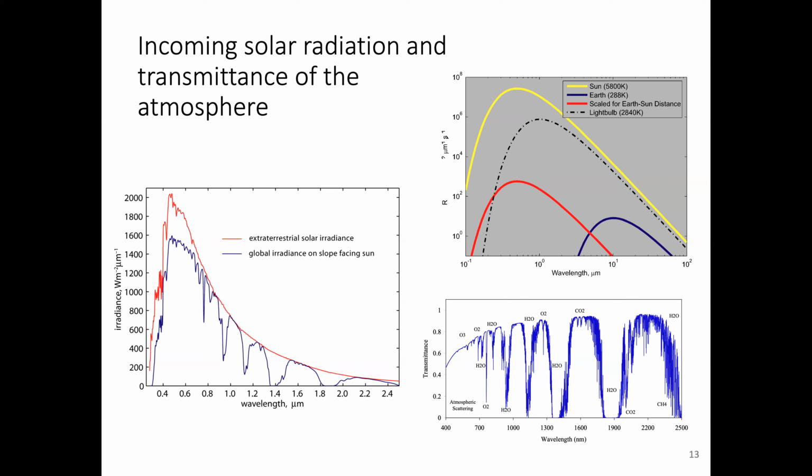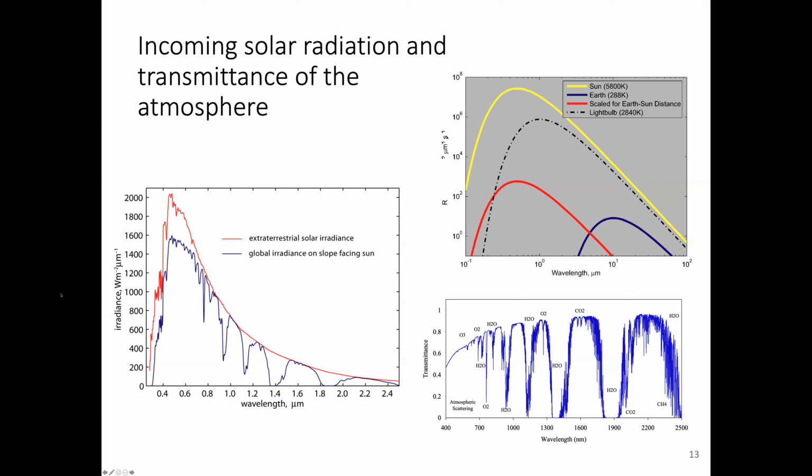As energy moves through a snowpack, it's attenuated. Similarly, as energy moves from space through the atmosphere, it is also attenuated. The graph on the lower right shows the transmittance, or how much of the energy makes it through the atmosphere, as a fraction ranging from 1 to 0, along with the molecule that absorbs in those wavelengths. The places where nearly all of the energy makes it through are called atmospheric windows.